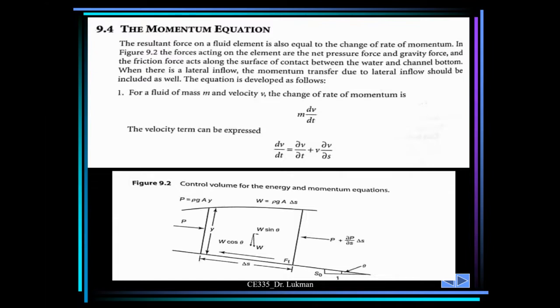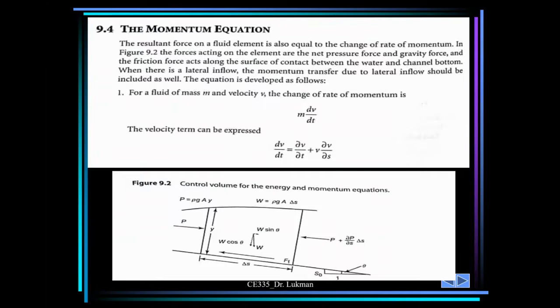Here we are saying that the resultant force on a fluid element is equal to the rate of change of momentum, which is also from Newton's second law of motion.